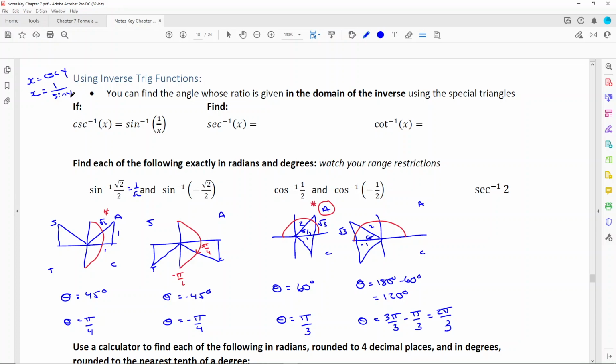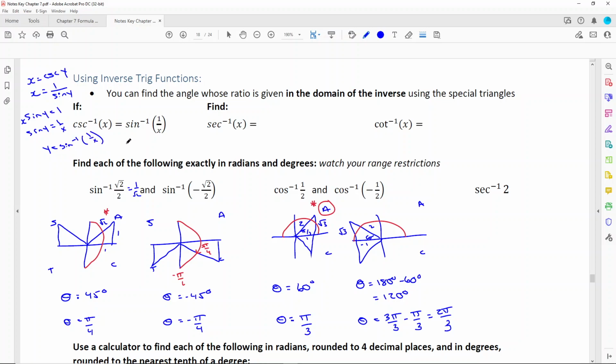If I multiply both sides by sine y, I get 1 equals x times sine y, and then sine y equals 1 over x. So solving for y, y is the inverse sine of 1 over x.